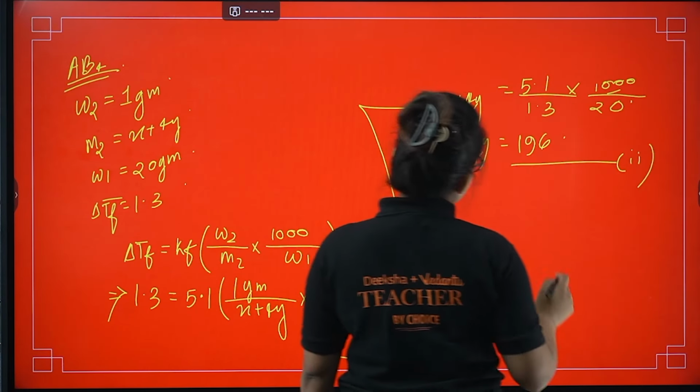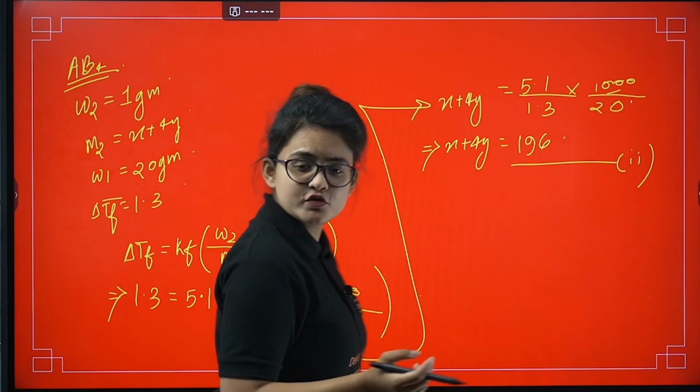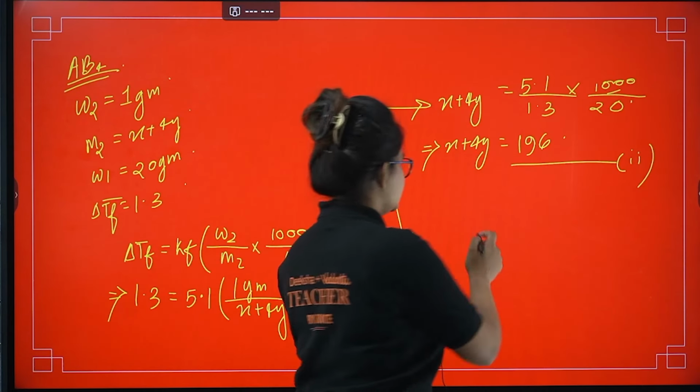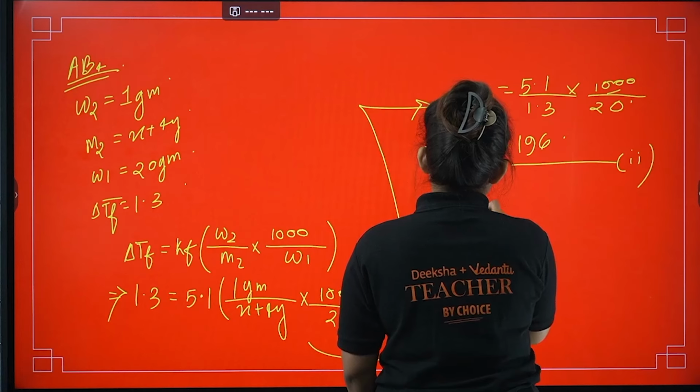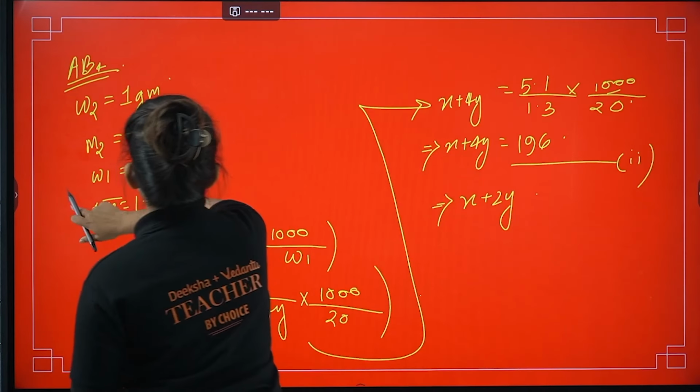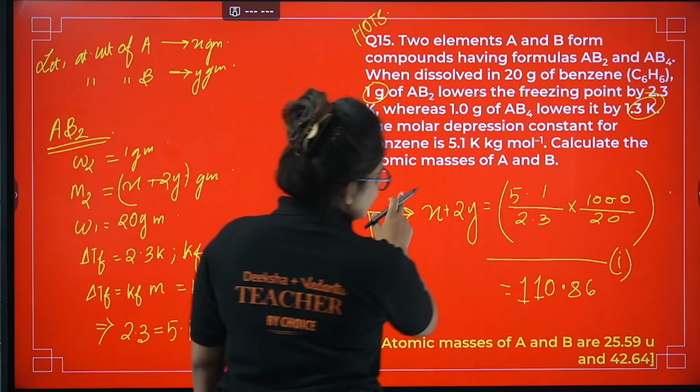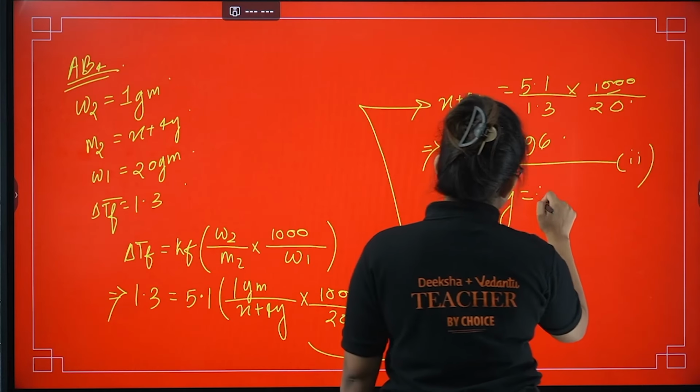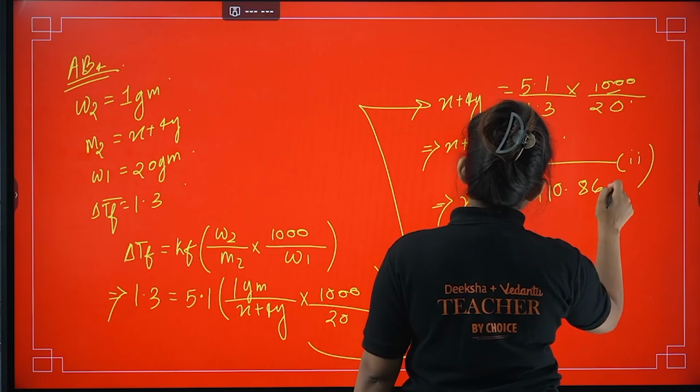Now you have equation 1 and equation 2. Equation 1 is x plus 2y equals 110.86.